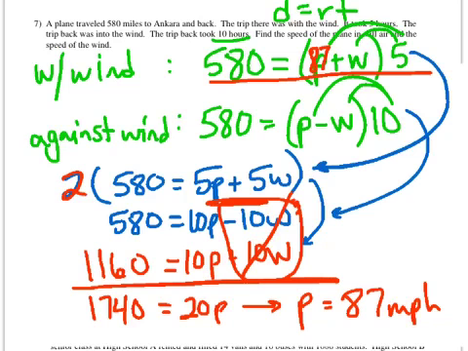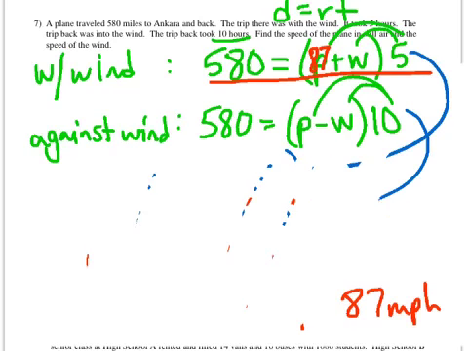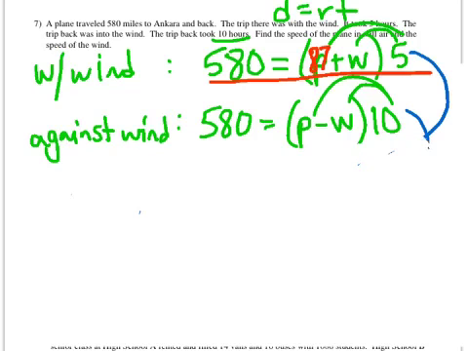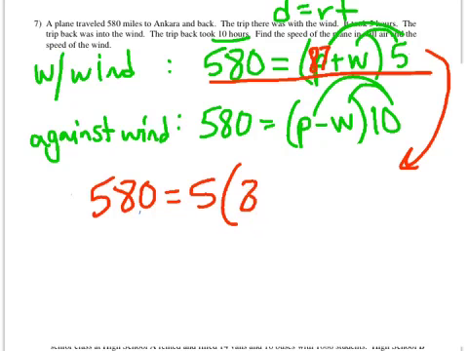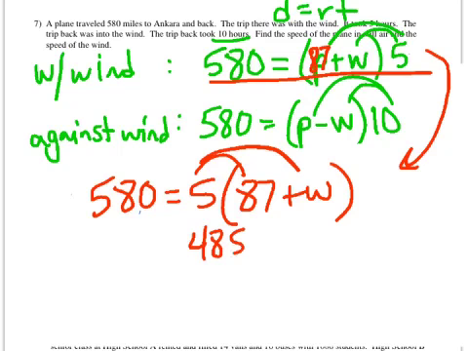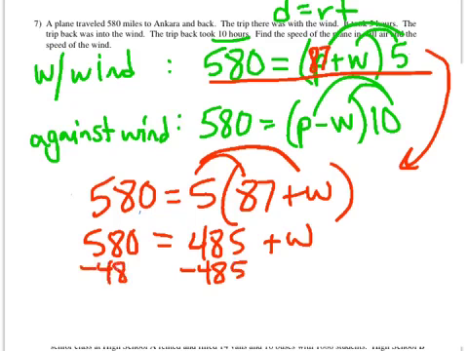So if we put in 87, we have 580 equals 5 times 87 plus 5w, distribute, so 5 times 87, subtract 485, w equals 95.